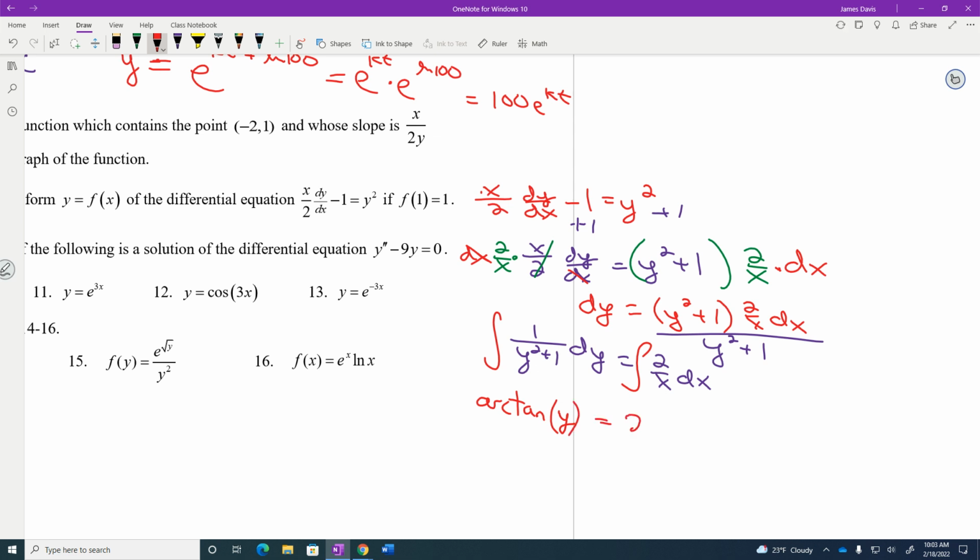It equals 2 natural log of x. And then, to get the y by itself, you can take tan of both sides, since the opposite of inverse tan is tan. So y equals tangent of 2 natural log of x.